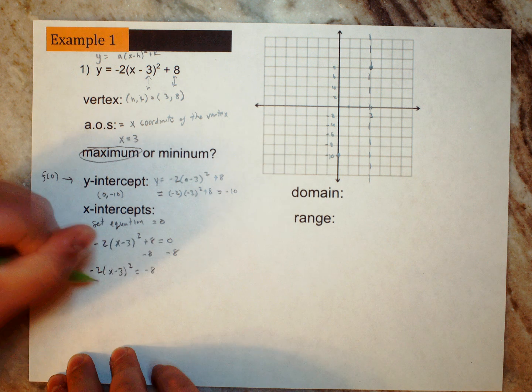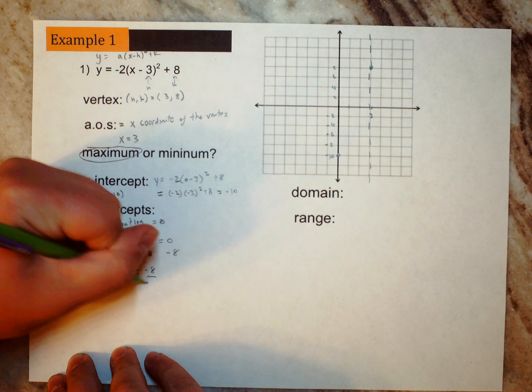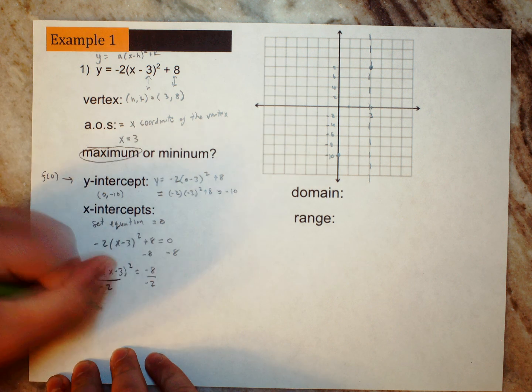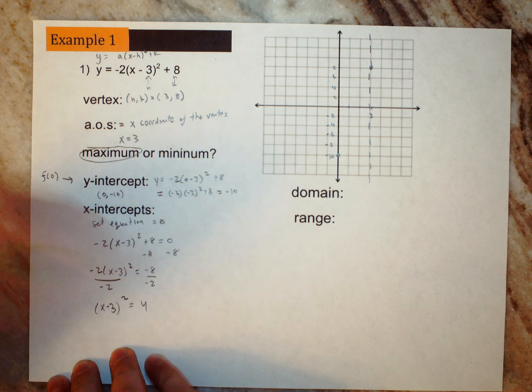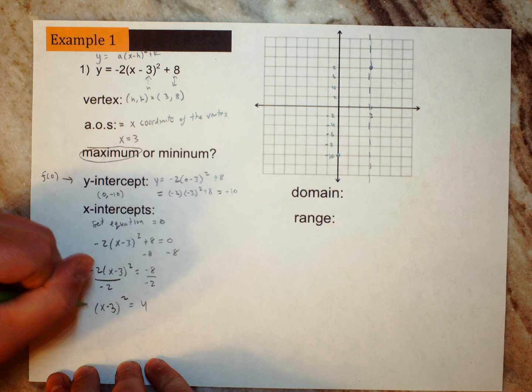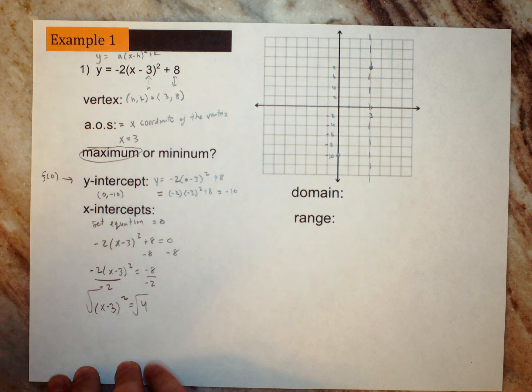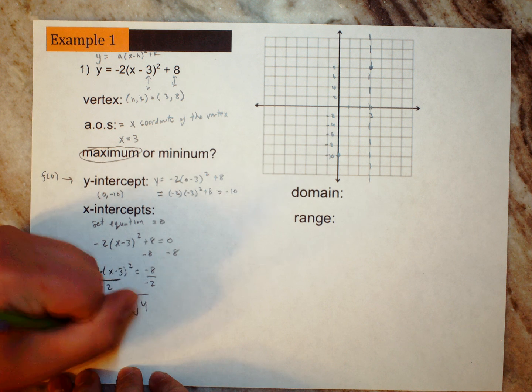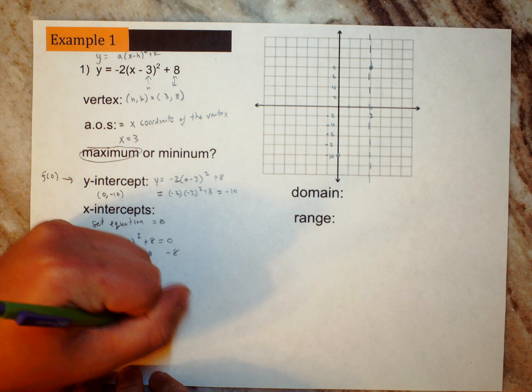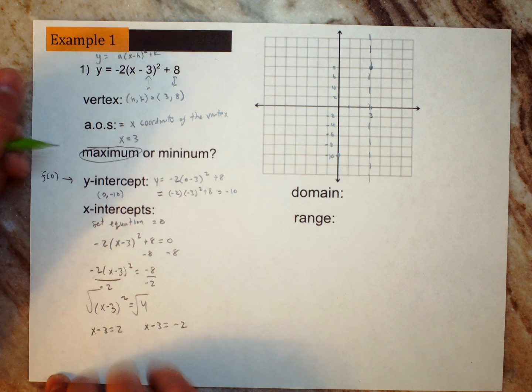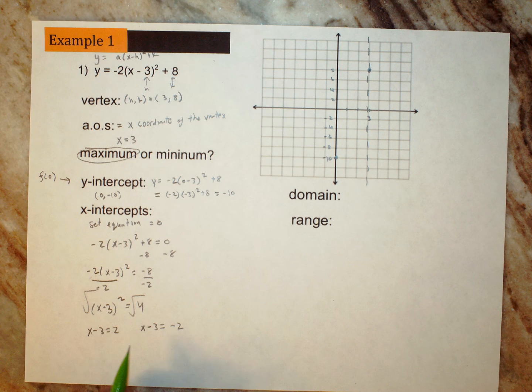We're going to divide by -2, divide by -2. And you're going to get x minus 3 squared equals 4. Square root. Square root. So now I have x minus 3 equals 2, and x minus 3 equals -2. Now I have two equations here because the square root of 4 is 2 and -2, right? Because 2 squared is 4 and -2 squared is 4.